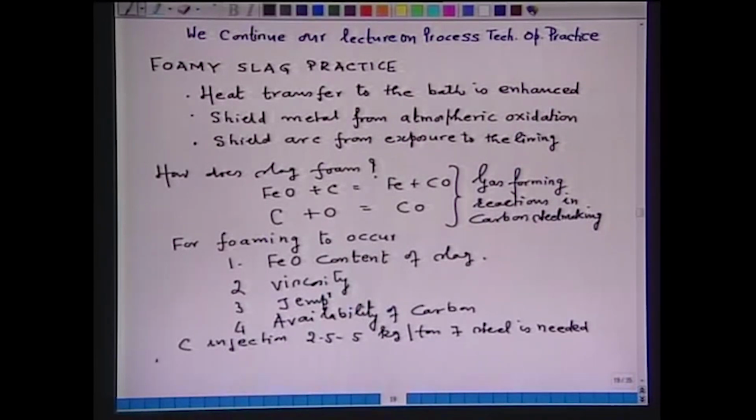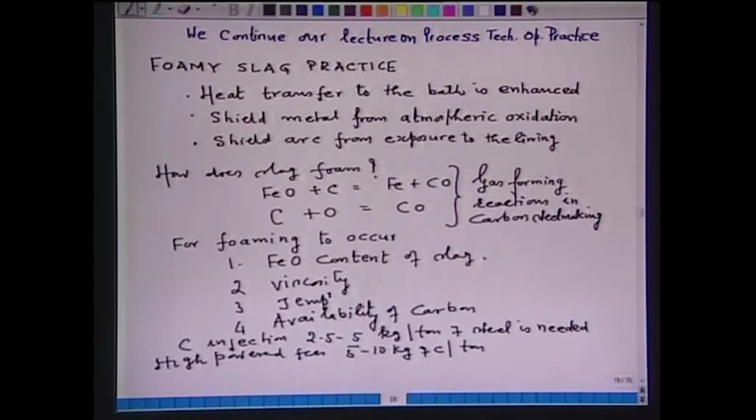If there are high powered furnaces, they will be requiring around 5 to 10 kg of carbon per ton of steel would be adequate for slag foaming.